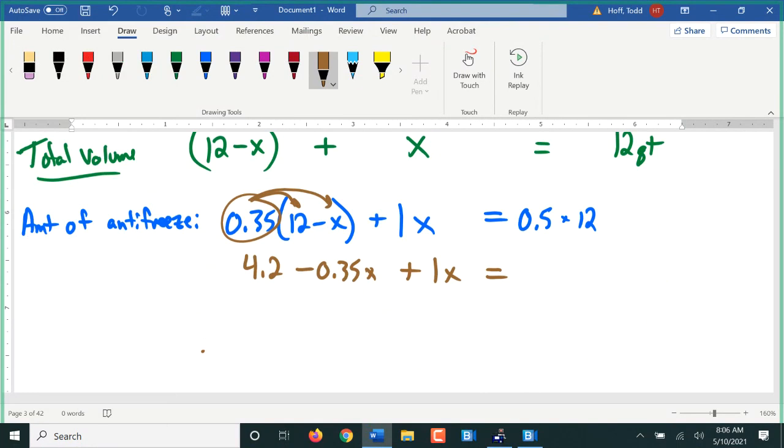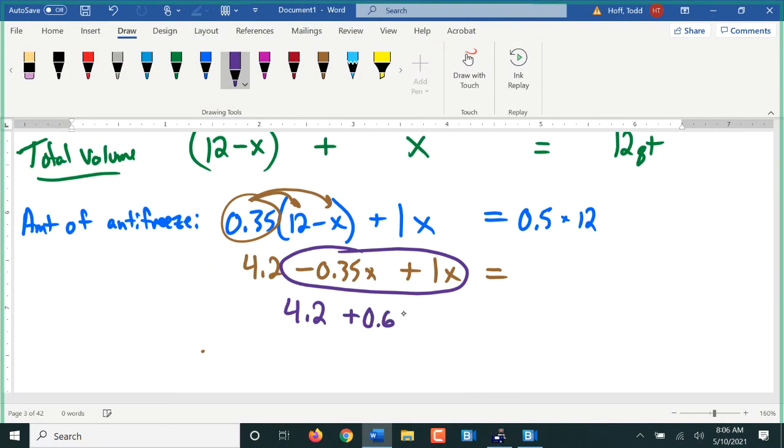Now there's more I can combine on this left side, so I'm going to keep combining there. 4.2 isn't going to change, but a negative 0.35X and a positive 1X make a positive 0.65X. On the right side, 0.5 times 12 is just 6.